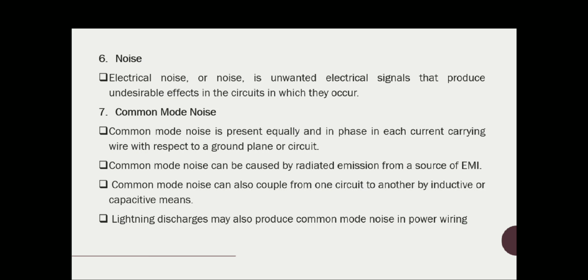Common mode noise can be caused by a radiated emission from a source of electromagnetic interference. It can also couple from one circuit to another by inductive or capacitive means. Lightning discharges produce common mode noise in power wiring.